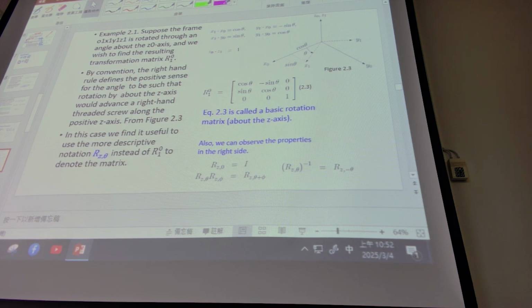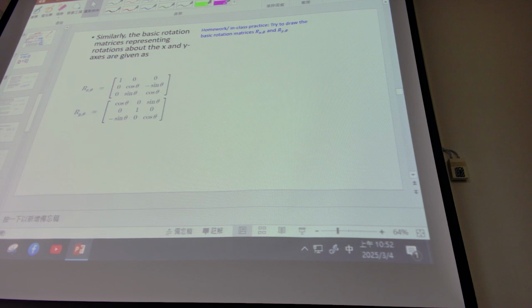I don't think I need to trace too much, I just want you to understand that if you rotate it with z, then the rotation matrix becomes this type. Look at one more, then you will understand why I introduce this part. If you rotate it with the x-axis, then the 0 goes somewhere perpendicular.